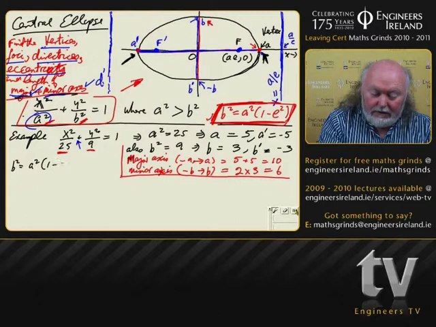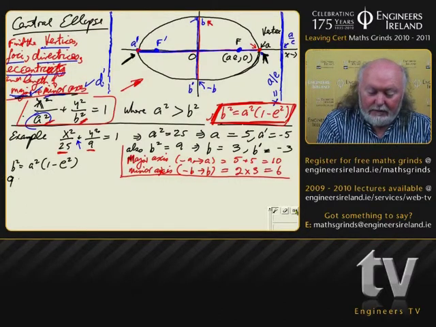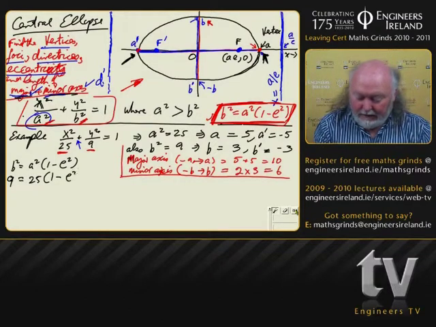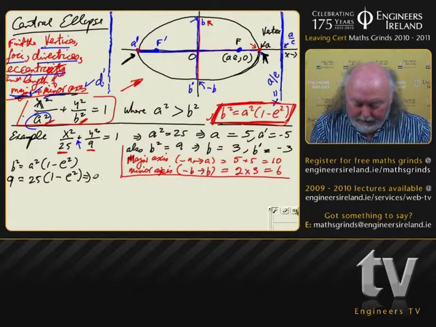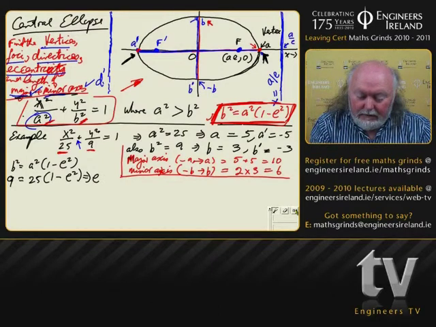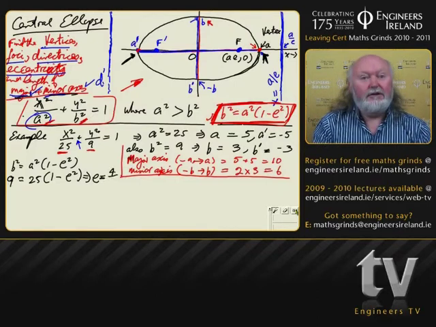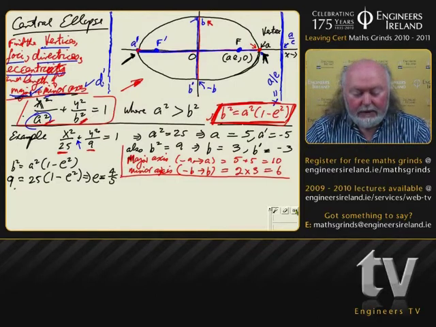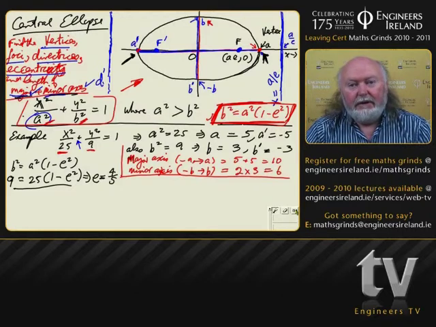So 9 is equal to 25 times (1 minus e squared). And that implies e is equal to 4 over 5. Now, that's an easy equation to work out. So we get e is 4 over 5.